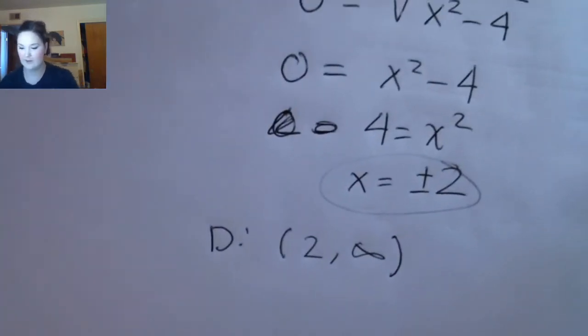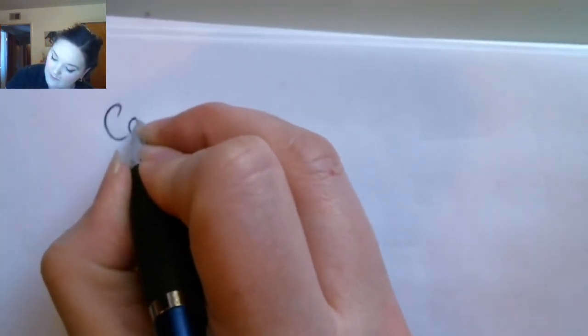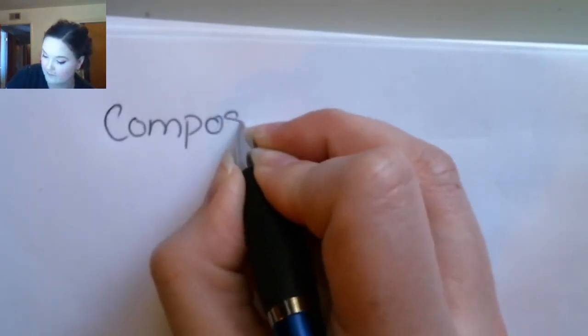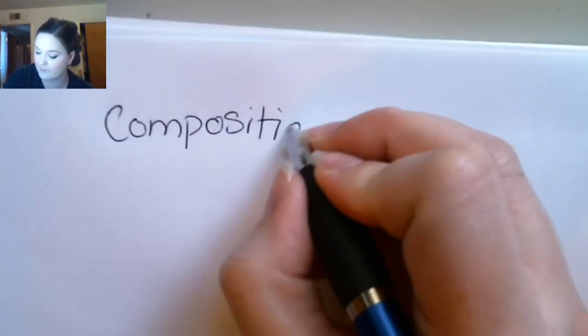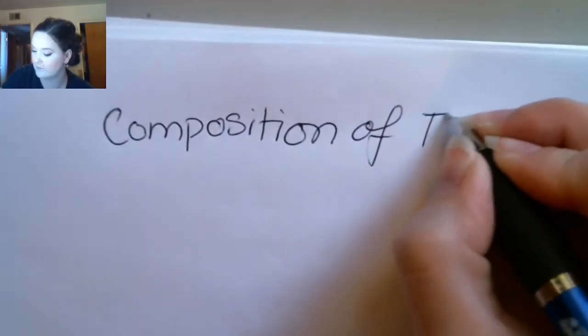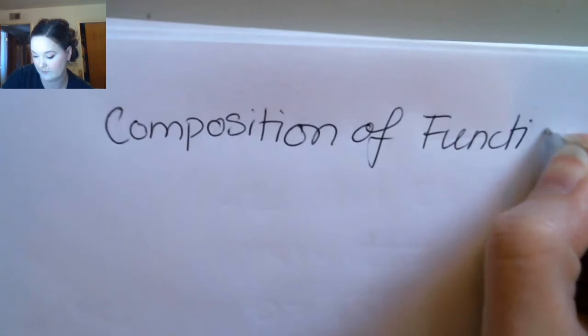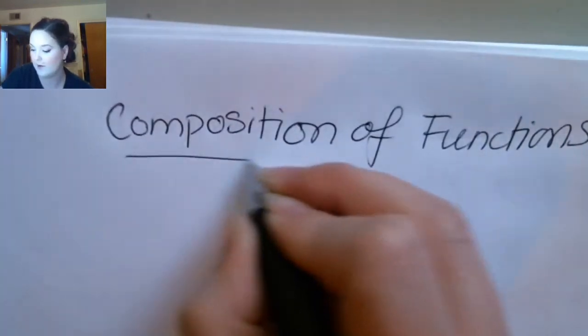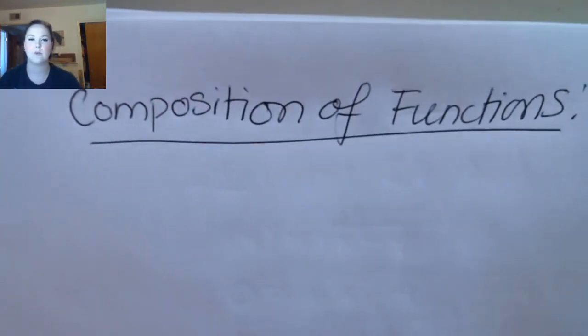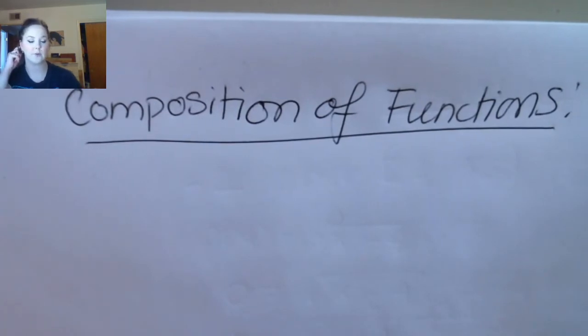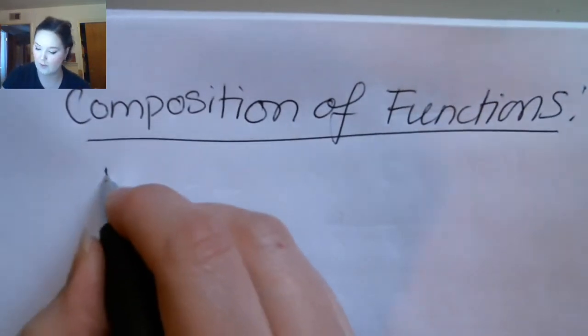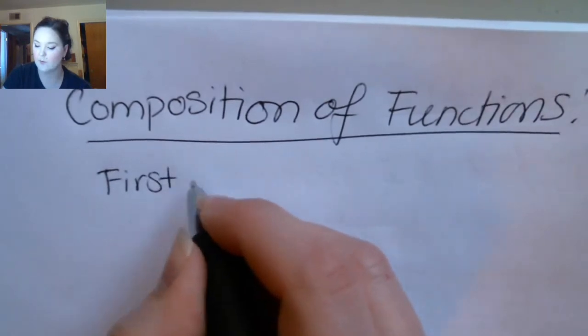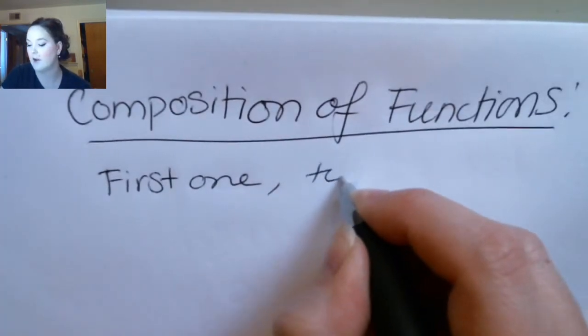All right. So now that we've talked about arithmetic combining of functions, let's talk about composition. You guys should have seen composition of functions before, so this is just a review of how it works. Remember, composition means first one function, then the other.